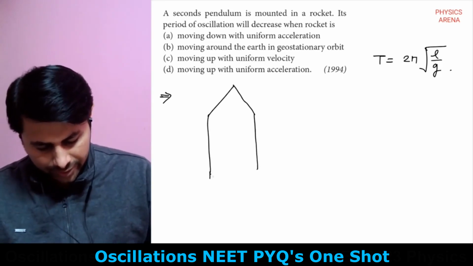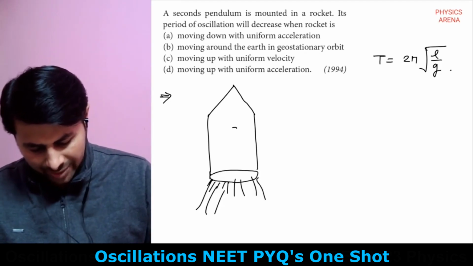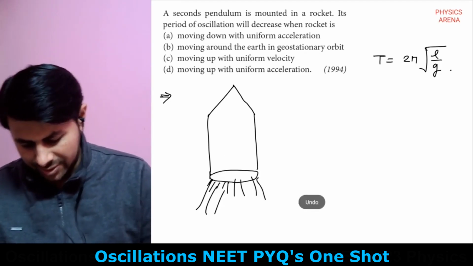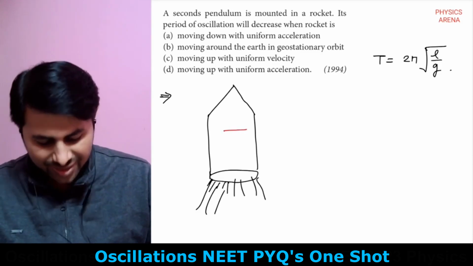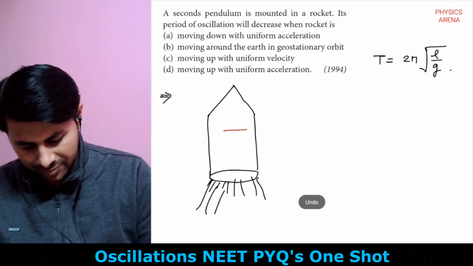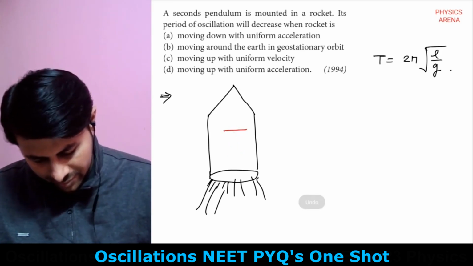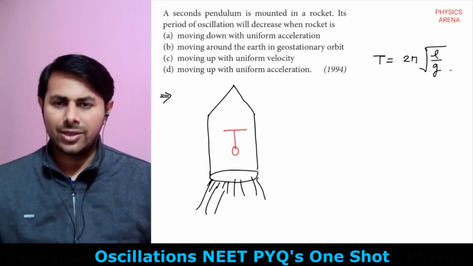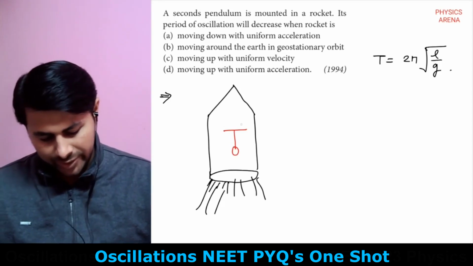suppose this is a rocket and there is a compartment, there is this pendulum here. So what will be the force?